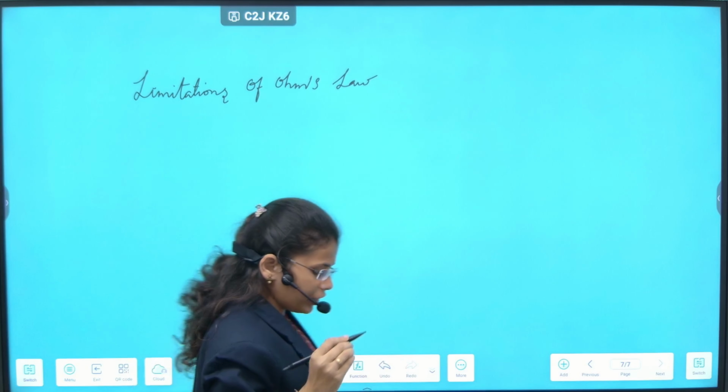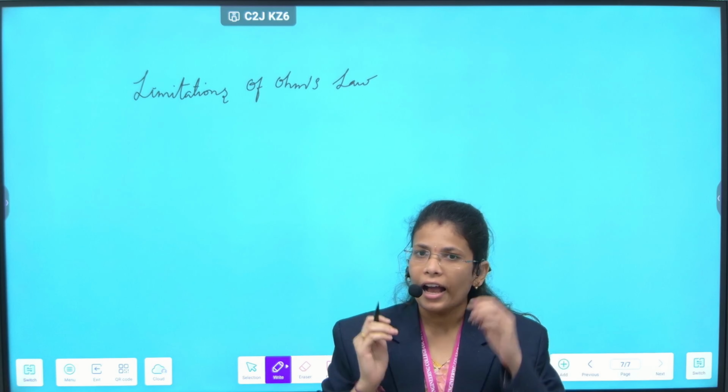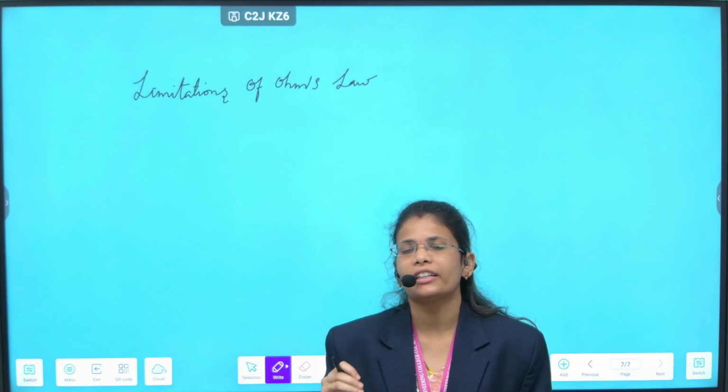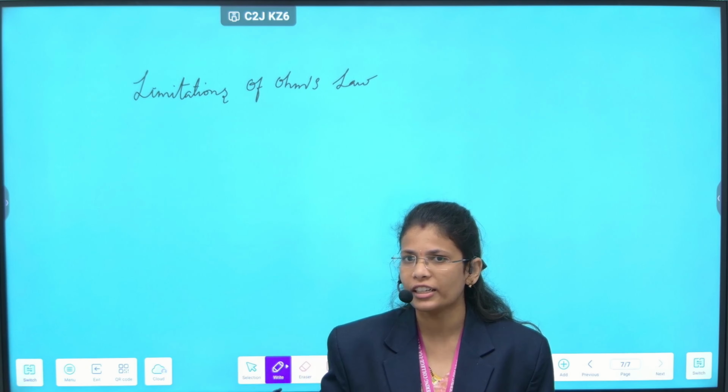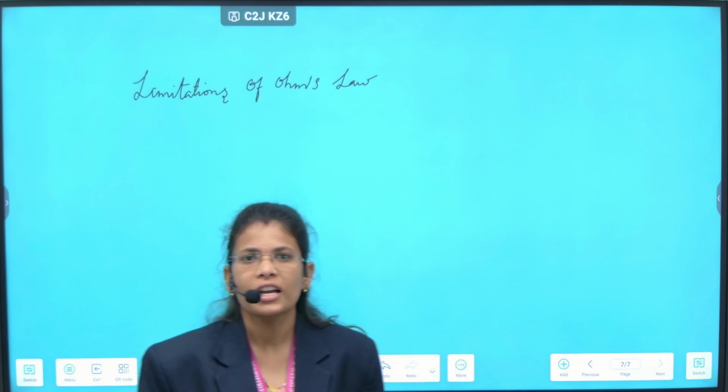The definition itself is saying that Ohm's law holds at constant temperature and pressure only. It says that the current flowing through the conductor is directly proportional to the potential difference applied across the conductor.